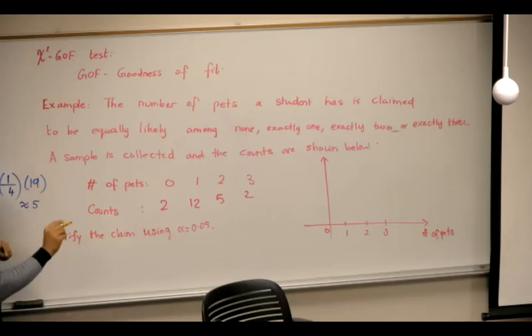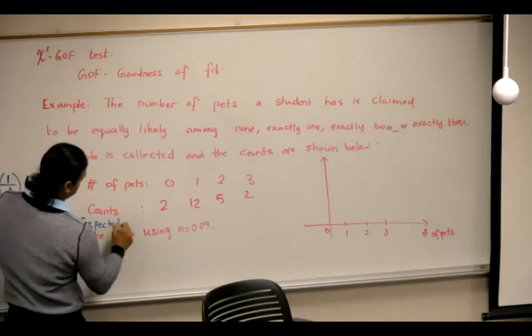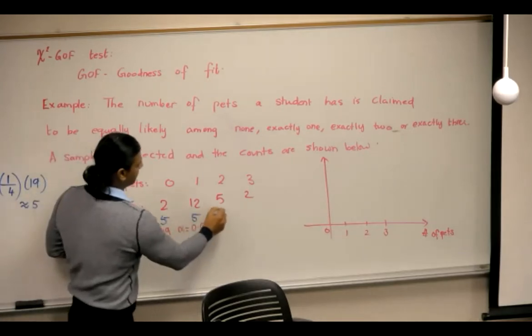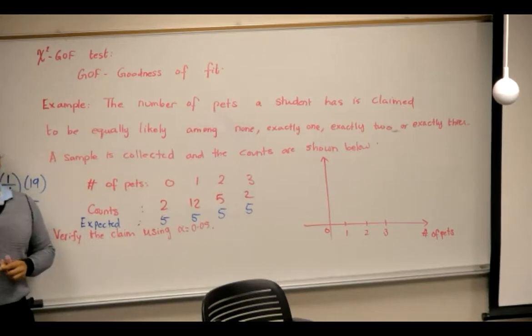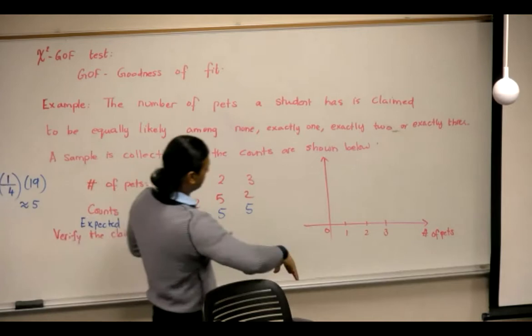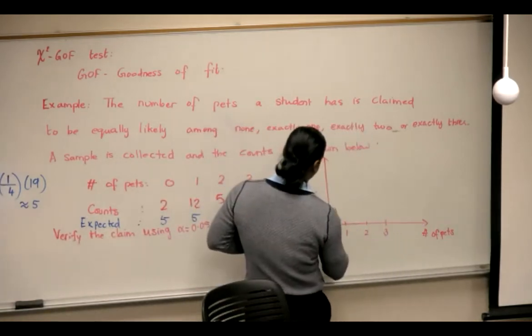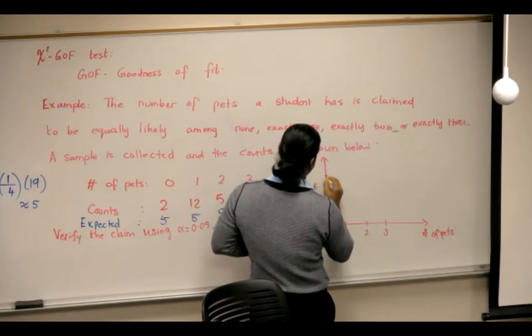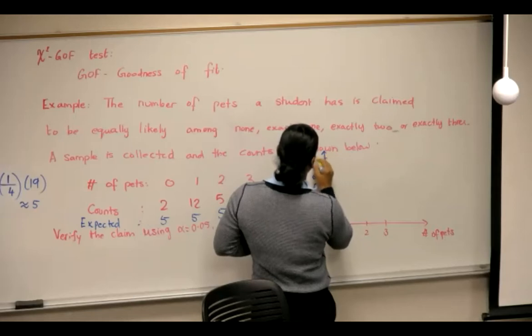So the expected count is 5, 5, 5, 5. That is what I expect to get if the number of pets are equally likely. So 2, 4, 6, 8, 10, 12.